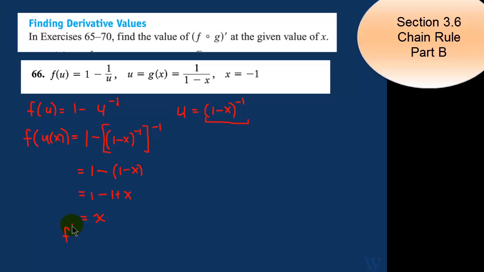So what's the derivative of f with respect to x? It's just 1. Because this is simply saying that f and g are inverses of each other, because if you compose them with each other and you get x, that means they're just inverses of each other. So what is f prime of negative 1? It's just 1, because it's a constant derivative.